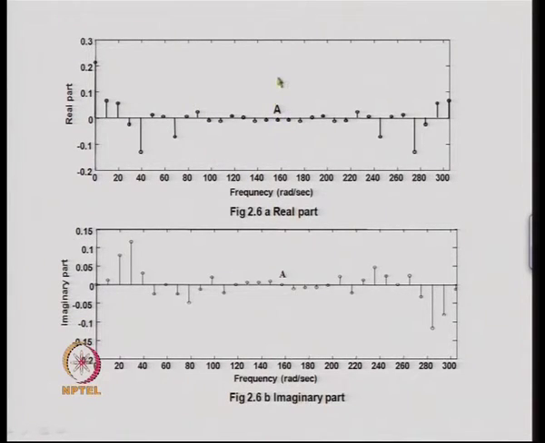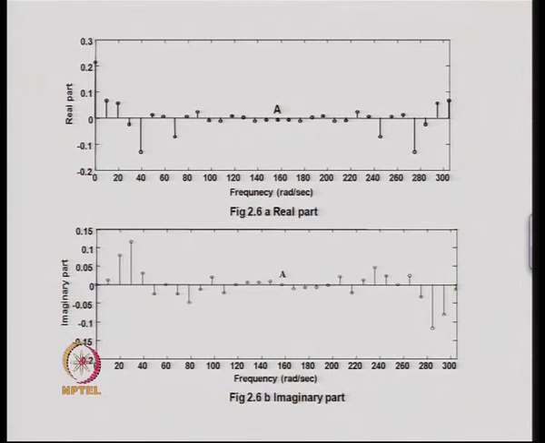That means, after this frequency, it repeats whatever we get on this side. The imaginary part is antisymmetric about this point, and whatever we get on this side after this point is just a mirror image of those points.